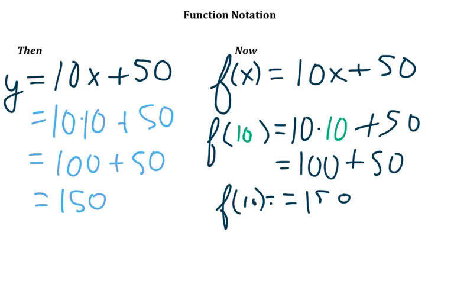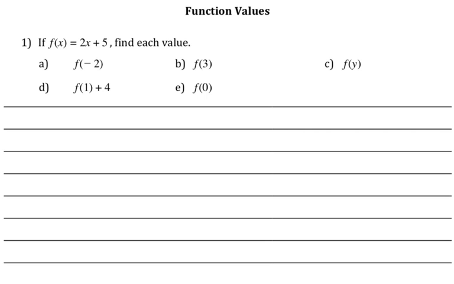You've kind of seen this in the past, because you've had to find out what Y is given multiple different inputs. So let's look at these values of different types of problems, and I think these will go smoothly. So here's the deal. If F of X is 2x plus 5, find each value.